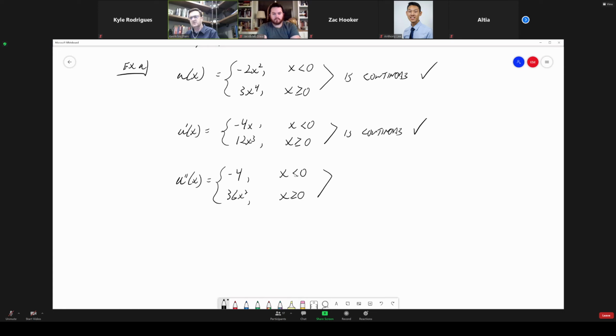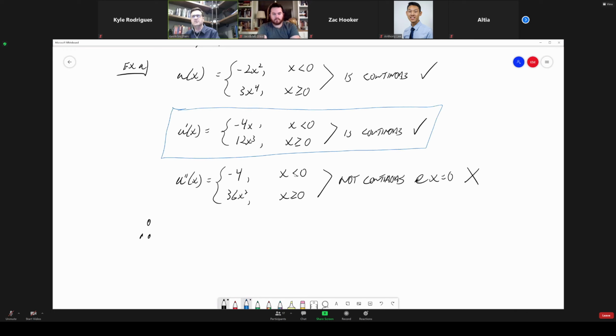And this particular one is not continuous at x equals 0. So this is a no-go. That means that our highest continuous derivative was u prime.